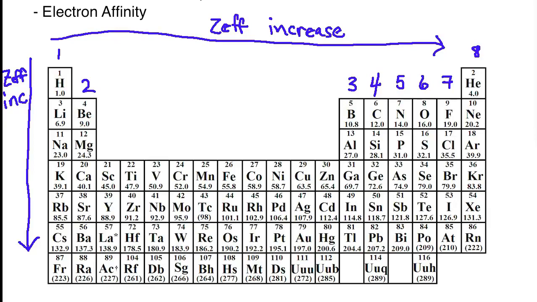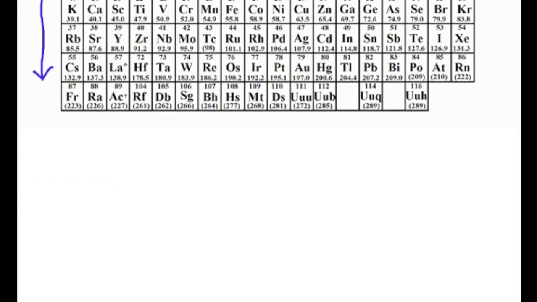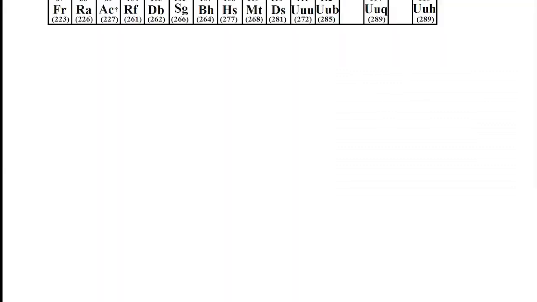So what I can say here is that when I look at lithium compared to beryllium, compared to boron, compared to carbon, so on and so forth, if I go across this entire row, it's saying that lithium will have the smallest effective nuclear charge. Let me show you what I'm referring to. Imagine if we wanted to look at lithium and then beryllium.